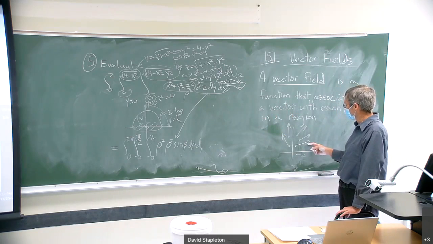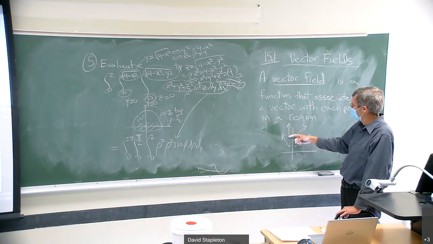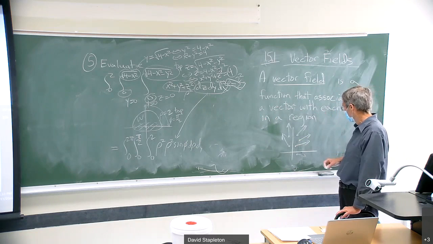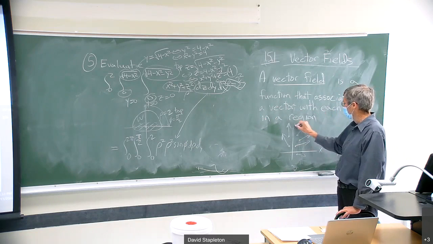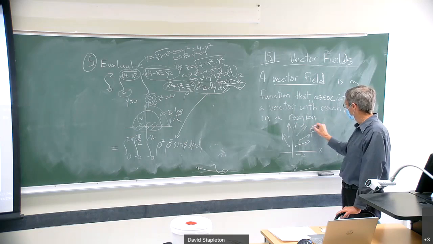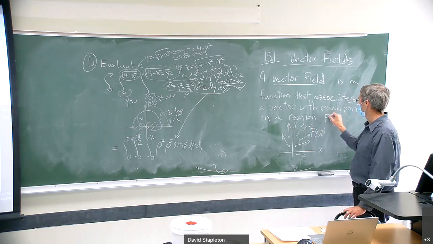Or it might be a gravitational field, right? At each point, you feel gravity pointing like that. At this point, you feel gravity pointing like that because of various massive objects around here. So that's a vector field. We'll label this F with a vector. Let's call this F of x, y.